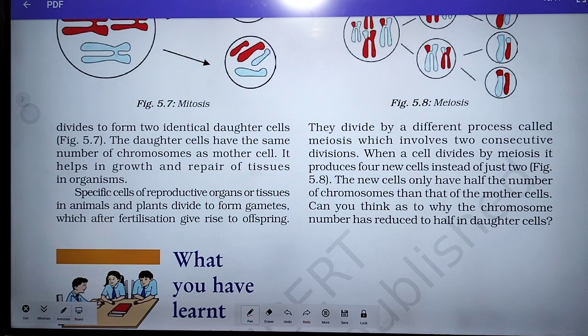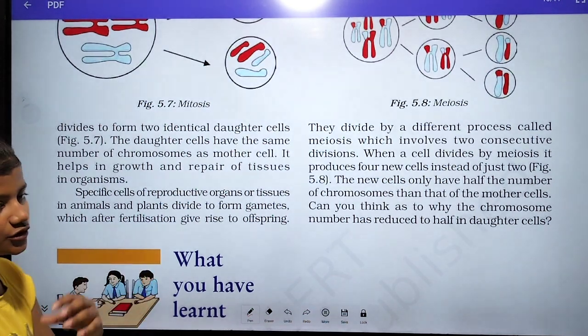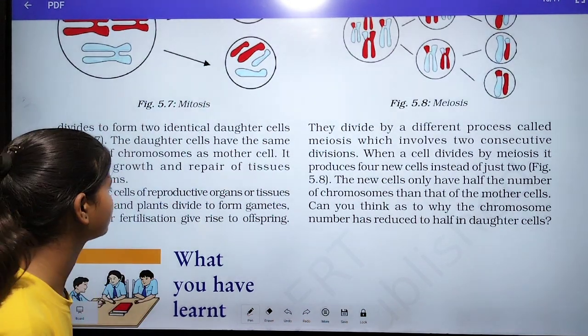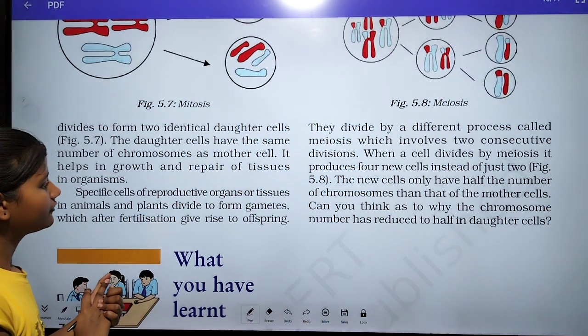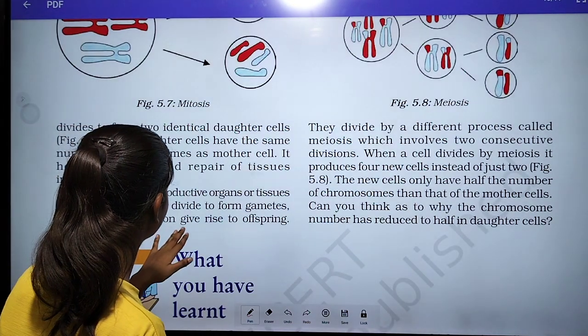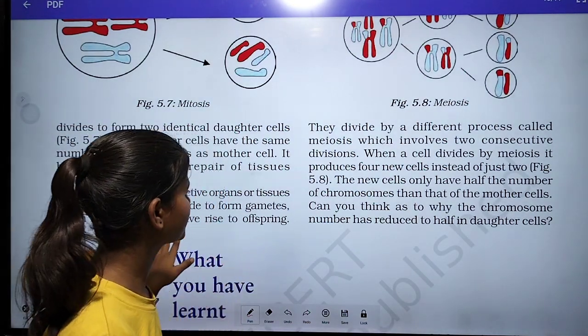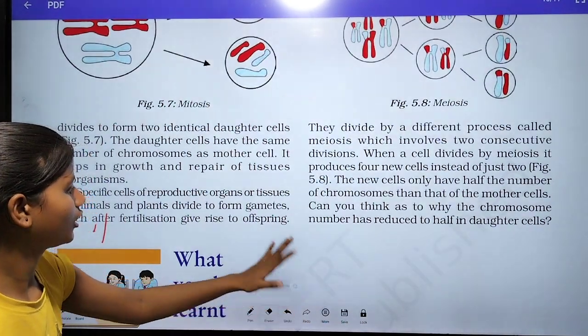You can say organ or tissue, both, because tissues form together and form an organ. So this gives rise to what? Offspring.